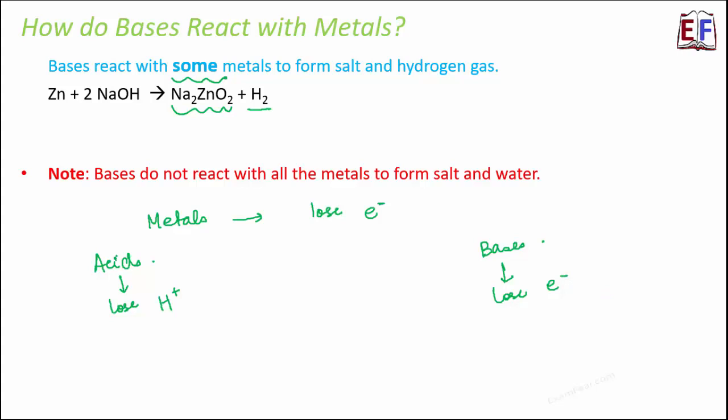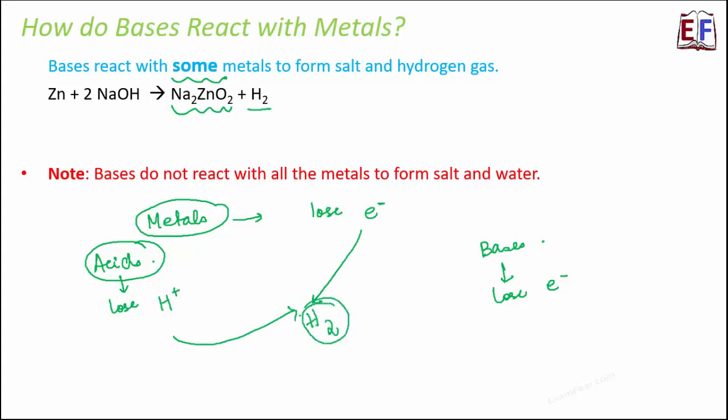Now what happens in a reaction between acids and metals? The hydrogen ion accepts the electron and they form H2, that is hydrogen gas. But in a reaction between metals and bases, both of them have a tendency to lose electrons.